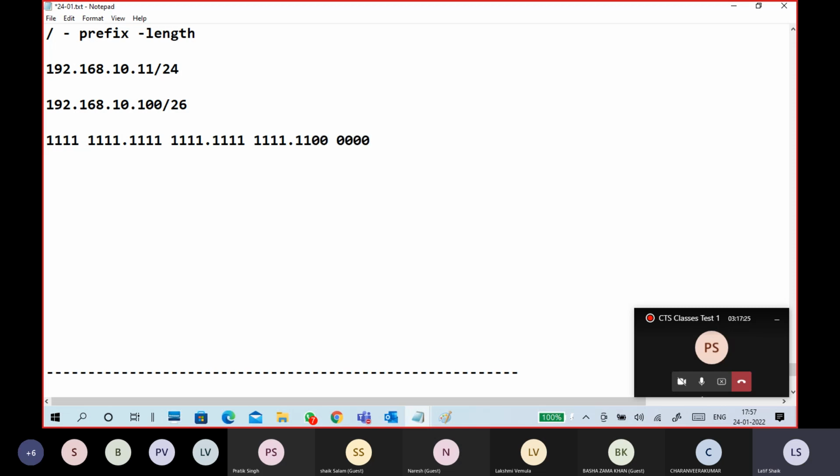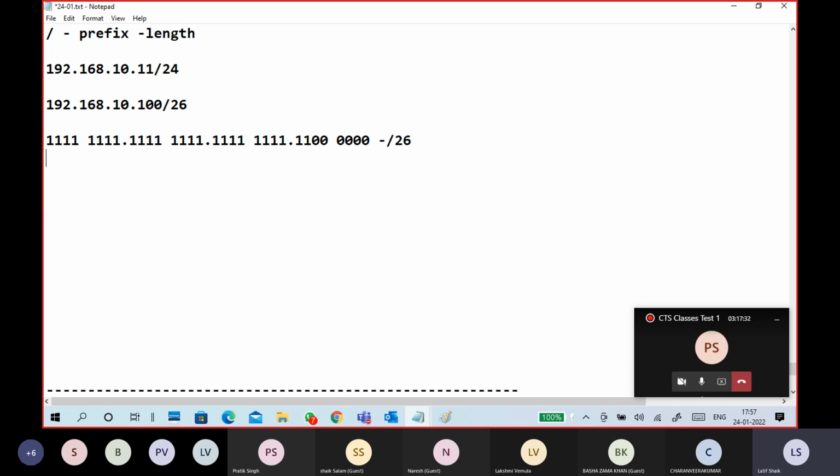Then 11, like this. 26 ones. Slash 26 means this one. You convert this subnet mask into decimal format: 255.255.255.192. This is 192 in binary. So this is your subnet mask.